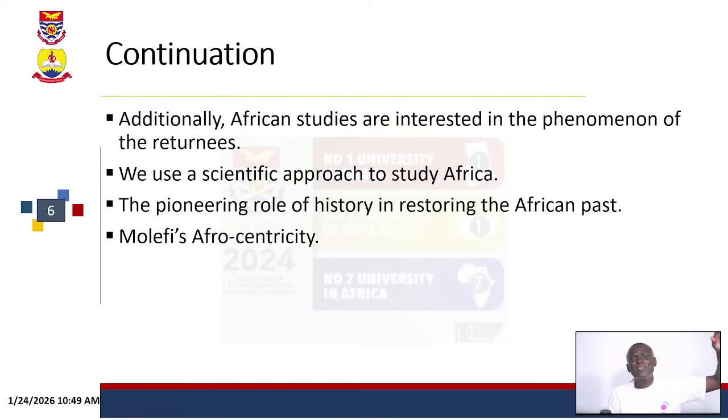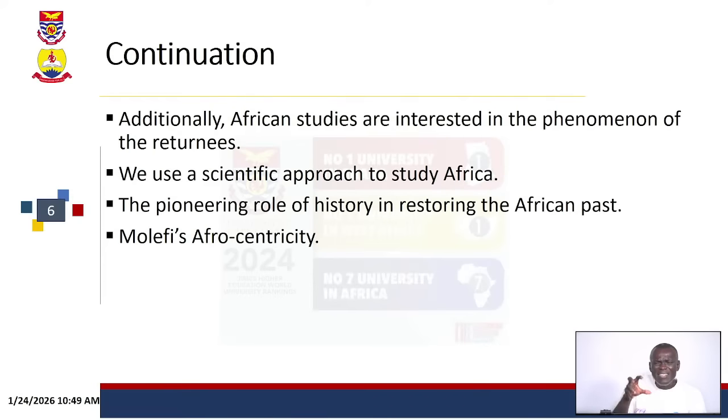Why should the European one be formal and ours informal? We had our own system of education before the Europeans came. But unfortunately, when they came here, they didn't see schools. And because of that, they concluded that we do not have history.